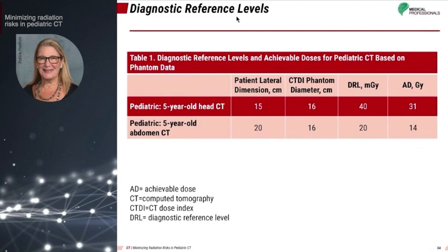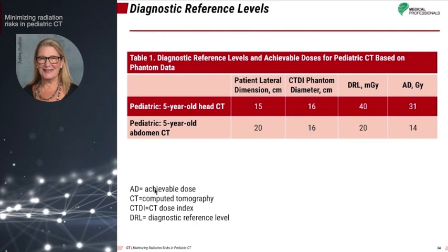Diagnostic reference levels. To identify unusually high radiation doses for common procedures, we use the diagnostic reference level as an investigative level, which is based on standardized measurements of phantoms or patients at different clinical facilities.